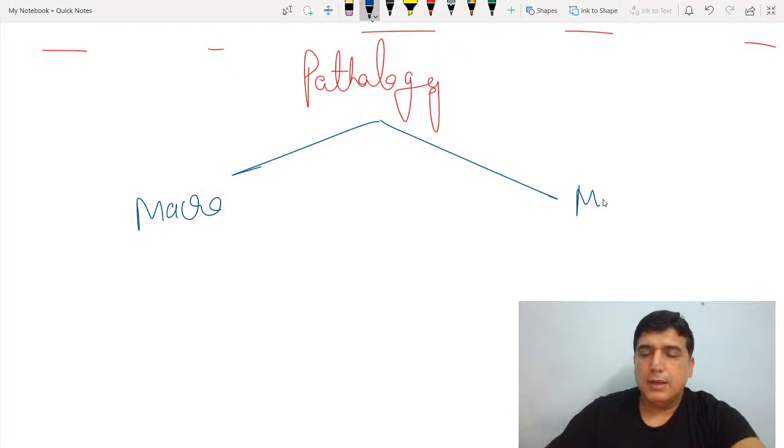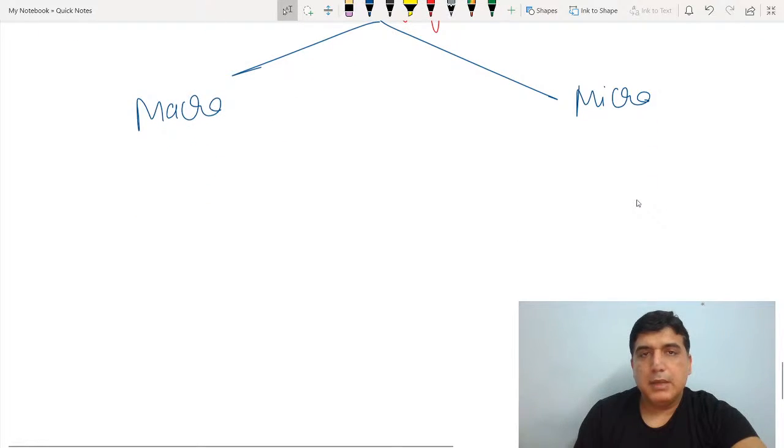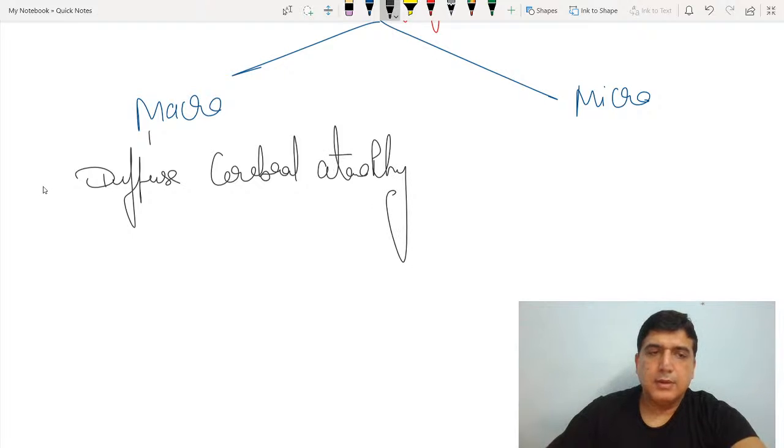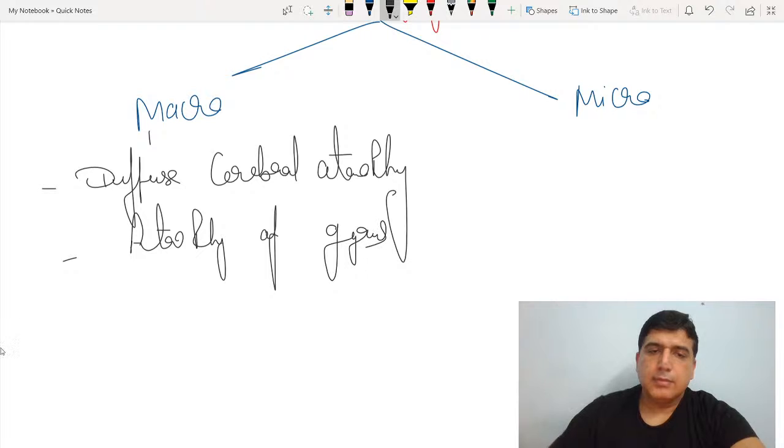In macropathology, there's a diffuse cerebral atrophy. There is an atrophy of gyrus.